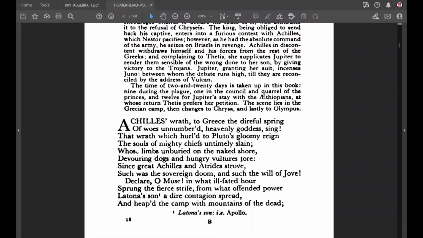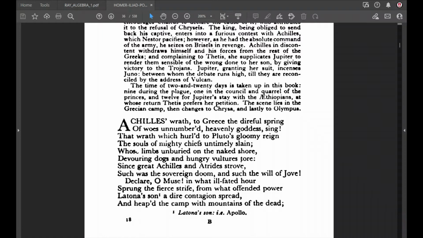The small text is just like an introduction. Go down to where it starts with the large A, Achilles. That first line, if I just read it with normal prose, regular English reading, I might read, Achilles' wrath to Greece, the direful spring. But that's not how it's to be read because it's a poem. Okay? Now if I use Iambic Pentameter to read it, it sounds like this.